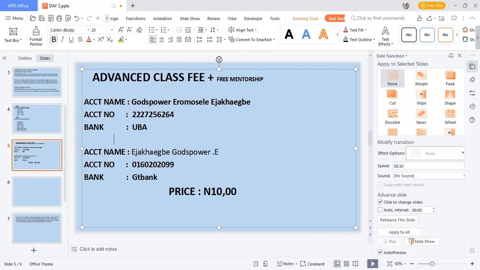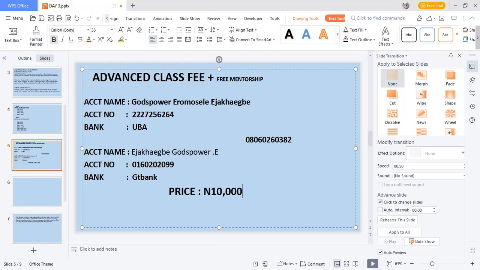You can call this number once you have made that payment to my account details here: 080 602 603 82. Please, the payment for this advanced class is 10,000 naira.